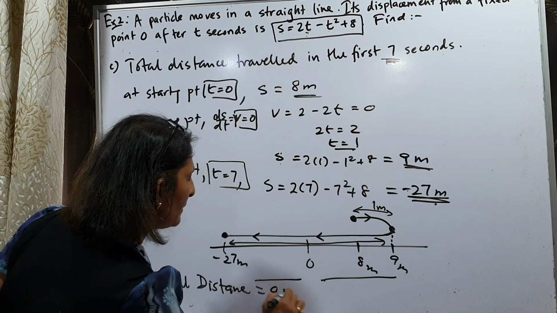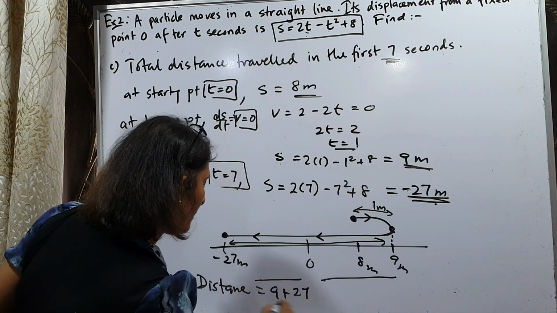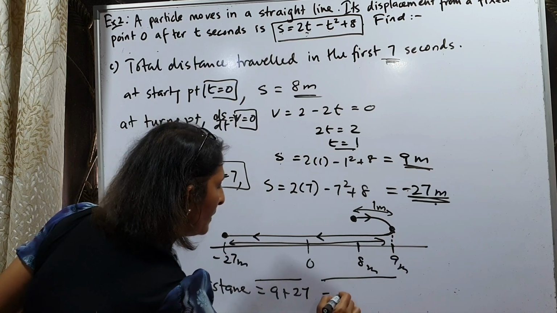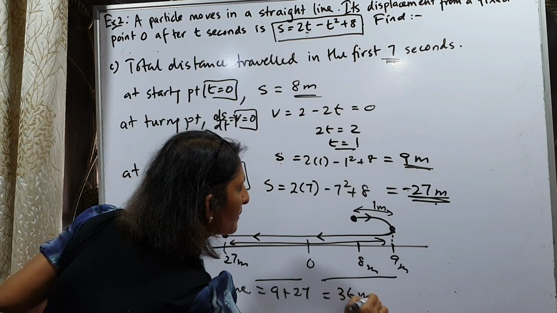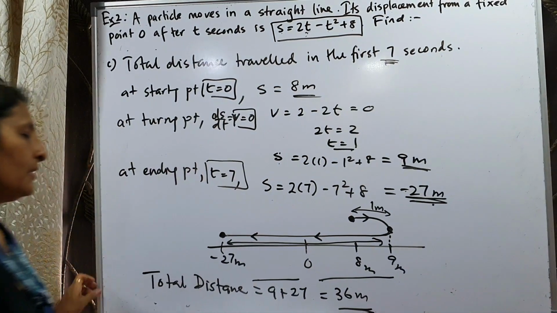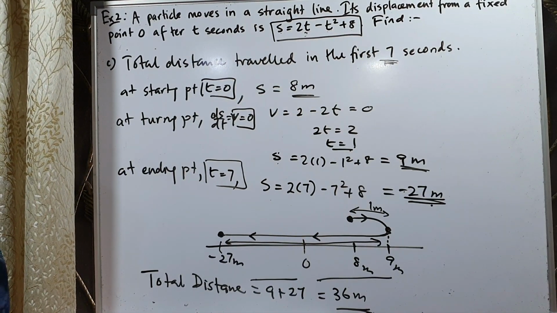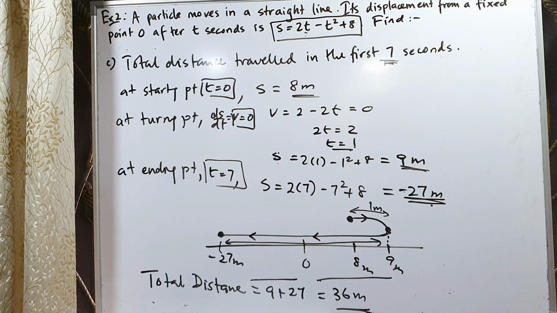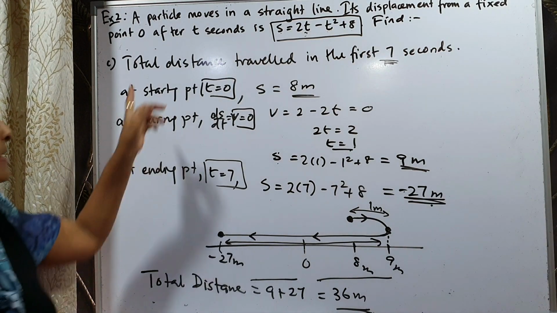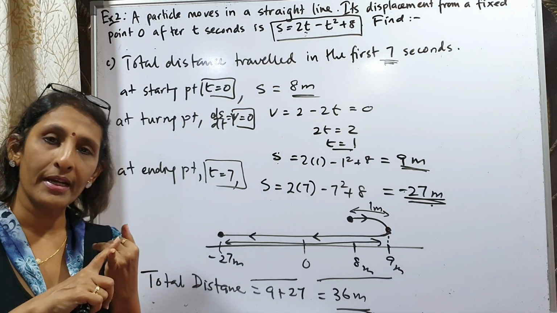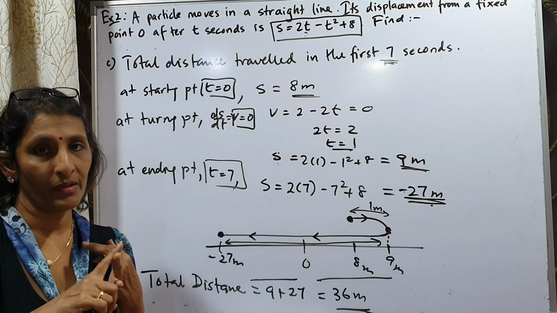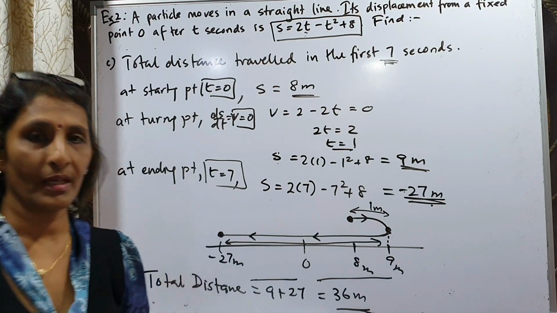So 9 plus 27 equals 36 meters. So this is your total distance traveled. Okay, so that's it. This is another example. All questions are similar. All you need to do is identify from the question what you want to find and what information is given, and use them, and you can get your answers.